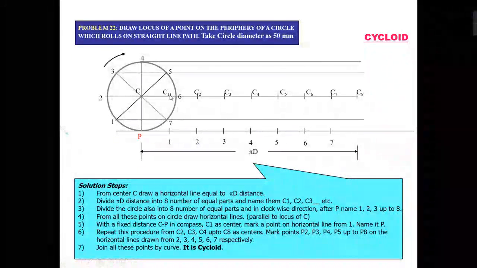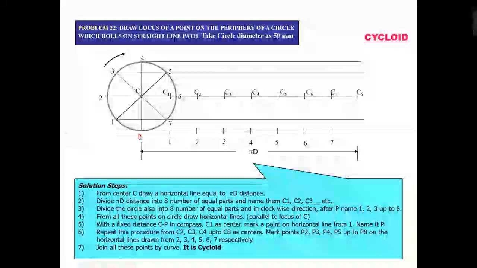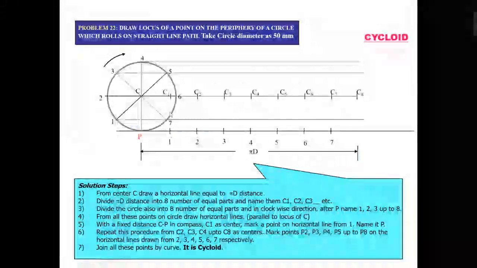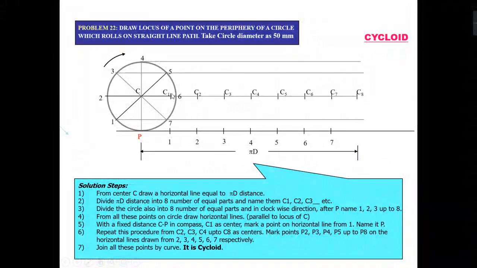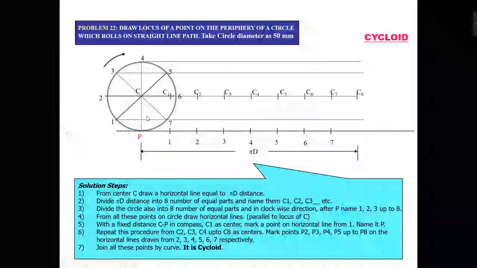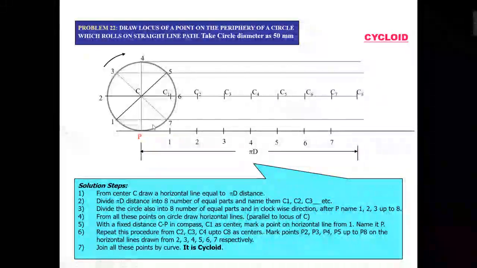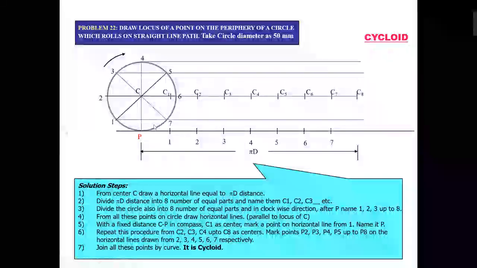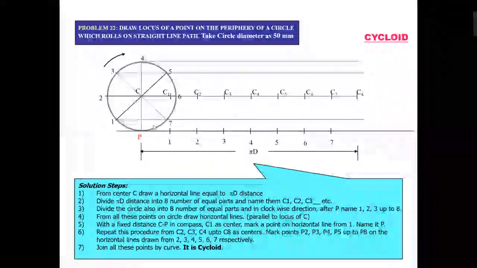Okay, so when the circle has moved from here to here, your center is now here, and the distance of point P from the center is nothing but r. So I will take the compass, put it here, and cut an arc of length r on this horizontal line.